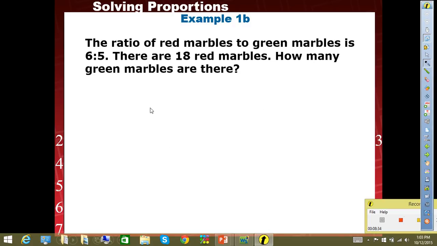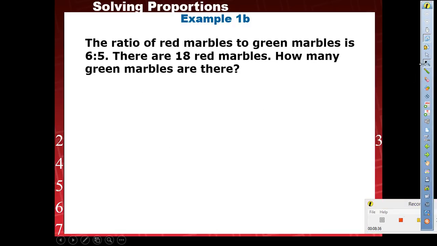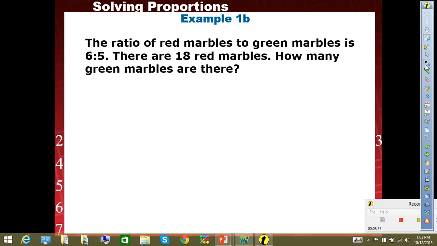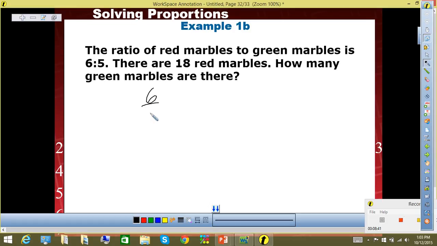So your proportion was 6/5 equals x/18. Is that correct? It's 18/x.